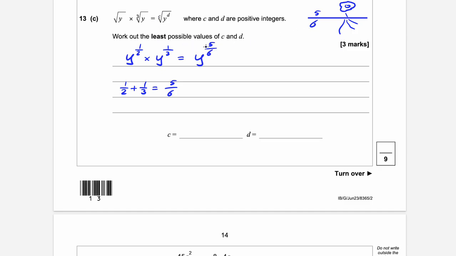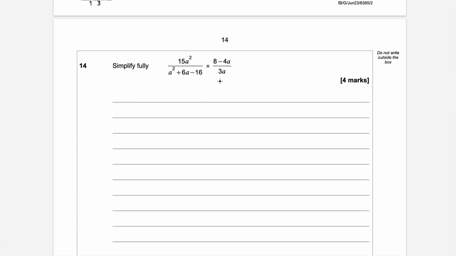So c is the root, which is 6, and d is the power, which is 5. Well, the reason I said this is interesting, guys, is because he says the least possible values, and the reason he says that is because if y, for example, was a bigger number, like a non-prime, you could technically work it out so that c and d were different values. But anyway, there you go. That's the answer.